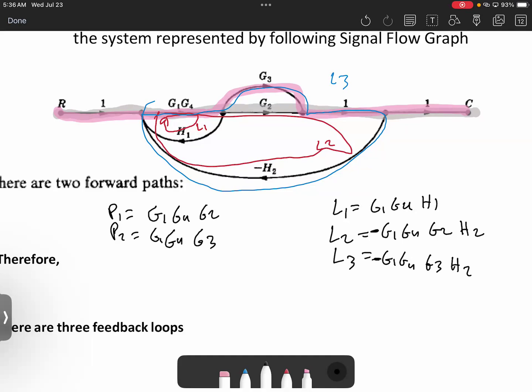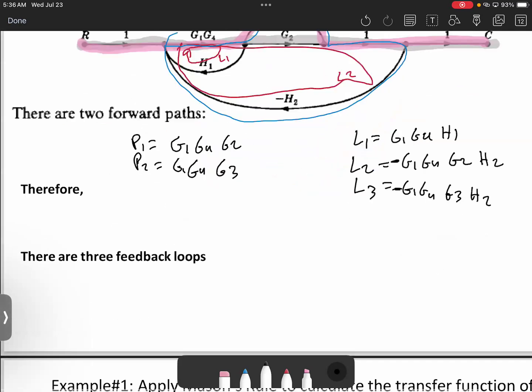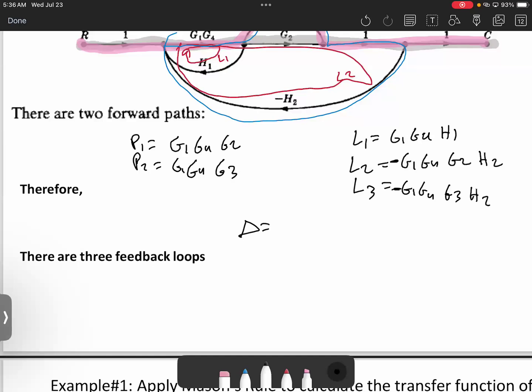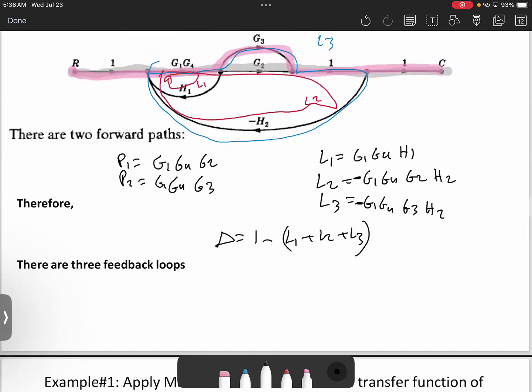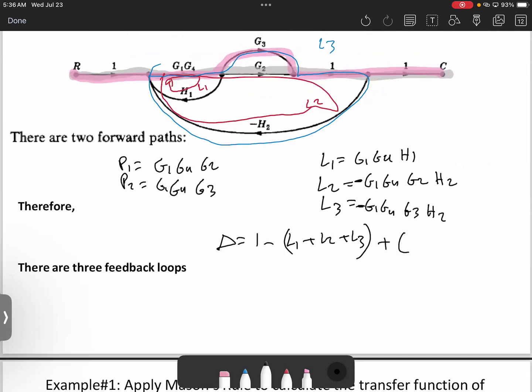Now the next thing, since we have 2 paths, 3 loops, let's think about delta first, then delta I, okay? So delta itself, delta is what? 1 minus L1 plus L2 plus L3. Don't forget the brackets. Now, plus L1, L2. Are those touching or non-touching? Let's consider about this.